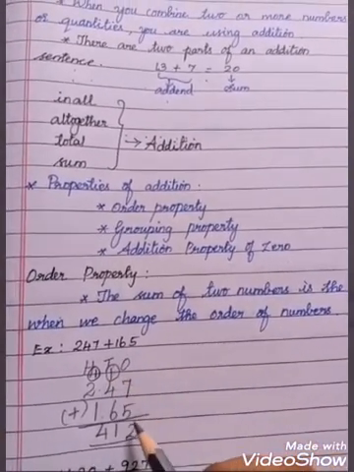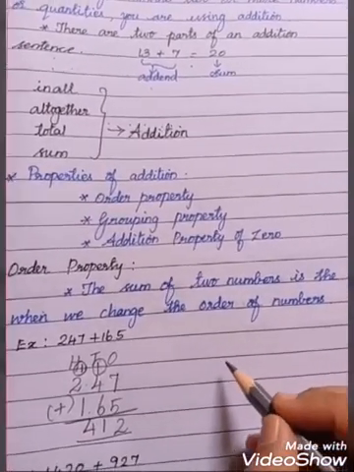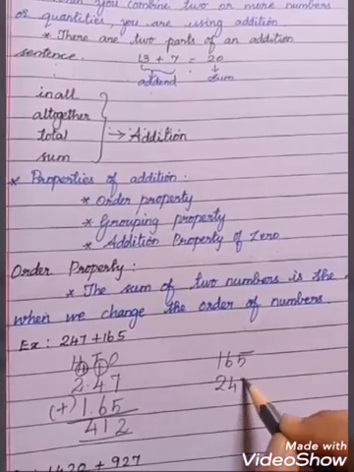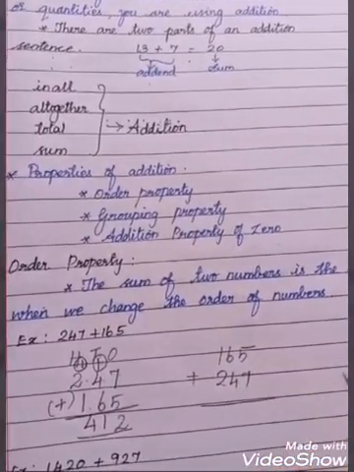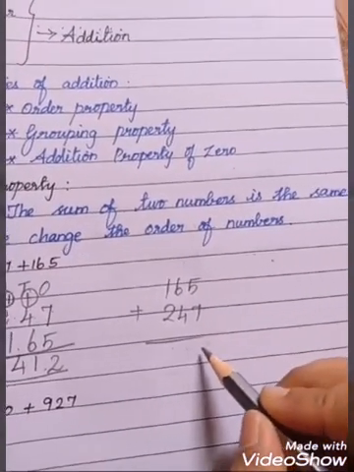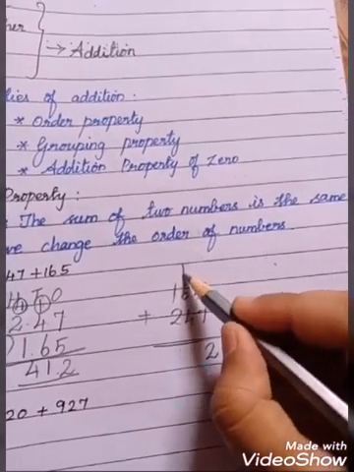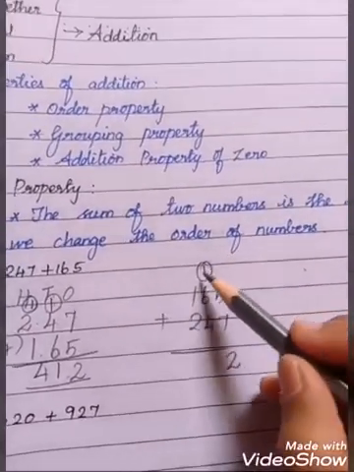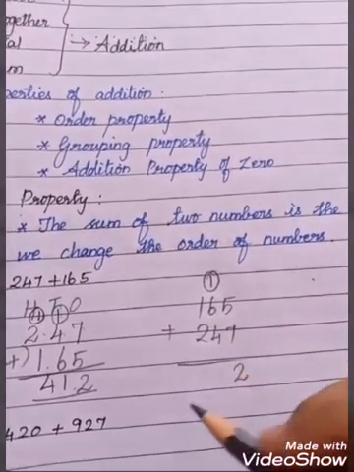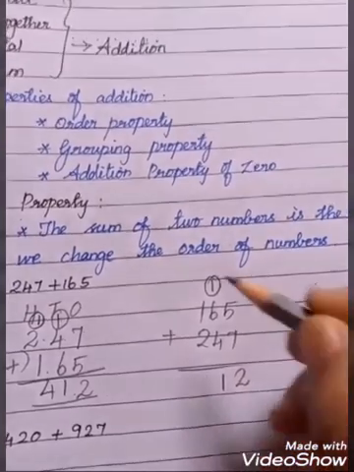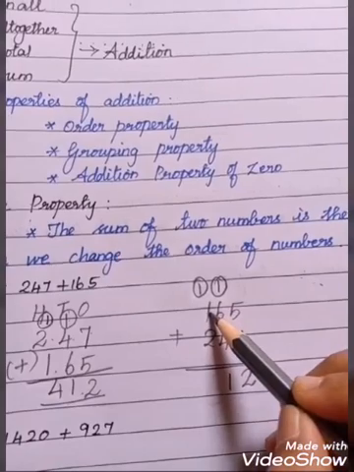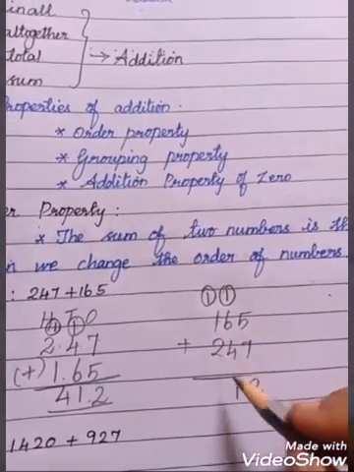If we change the order, that is, we write 165 in the first place and 247 in the second place, now we are going to add this. 5 plus 7 we get 12. So write 2 here. 1 is carried to the tens place. 1 plus 6 is 7. 7 plus 4 is 11. So we write 1 here. 1 is carried to the hundreds place. 1 plus 1 is 2. 2 plus 2, 4.